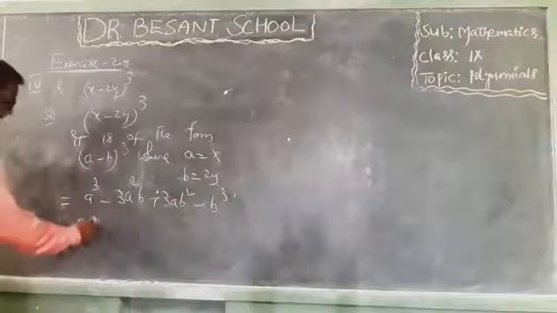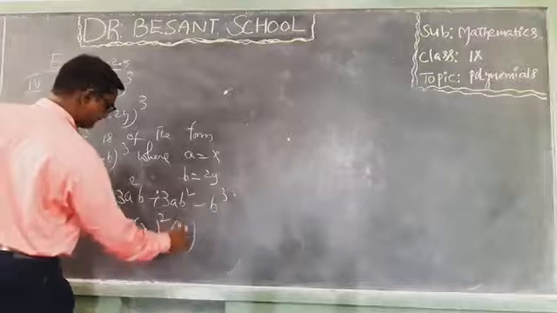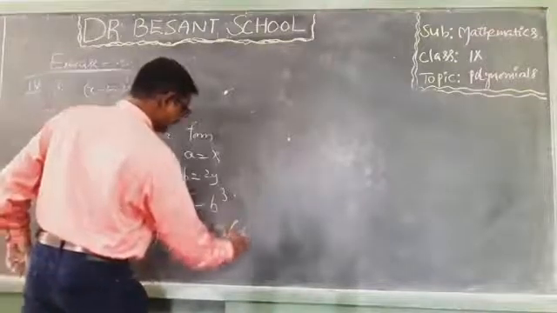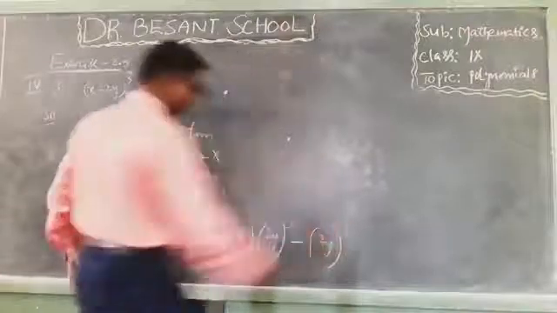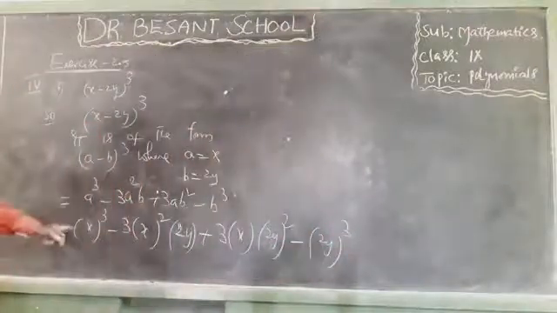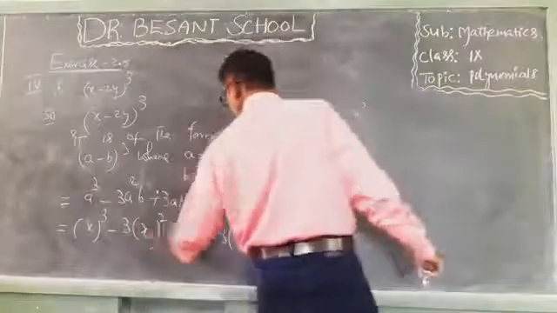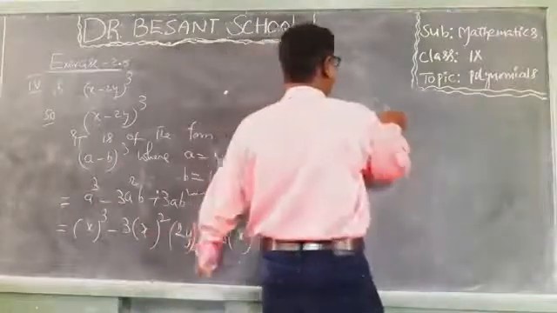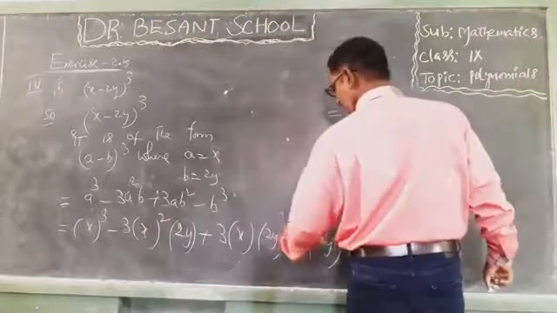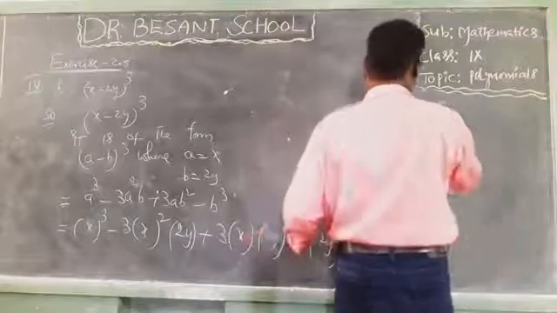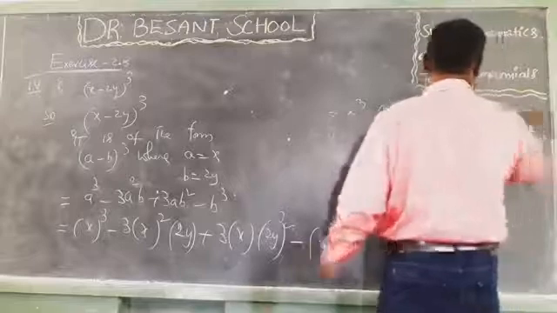A cube means x cube, minus 3 into a square means x square into b means 2y, plus 3 into a means x into b square means (2y) whole square, minus b cube means (2y) whole cube. I replaced those values. This is x cube, minus 3 2s are 6x square y, plus 2 square is 4, 4 3s are 12xy square, minus 2 cube is 8y cube.